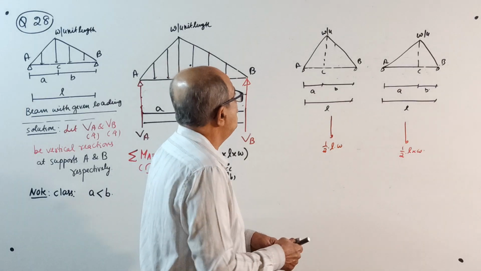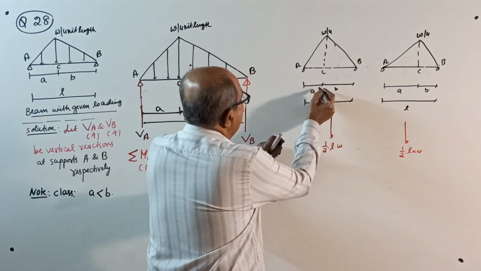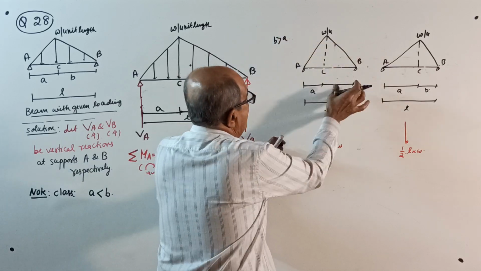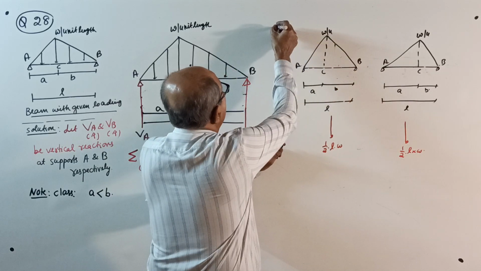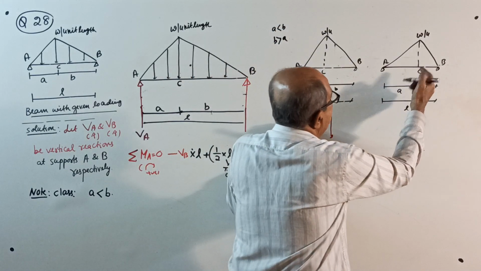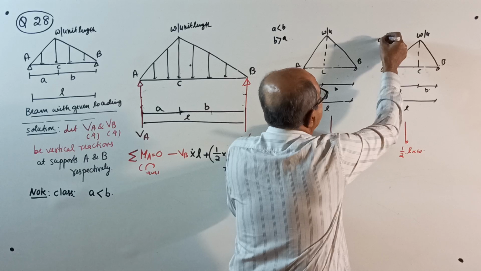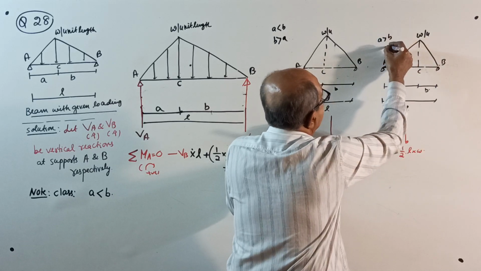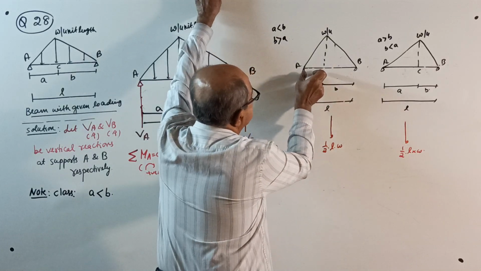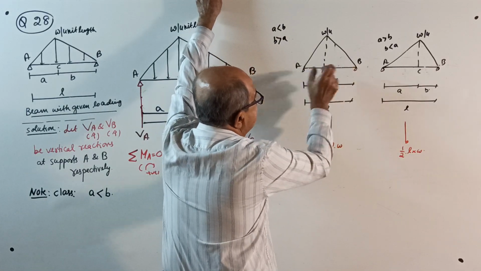See now. This is the case when your B is more than A. I have written bigger here, smaller here, or I can say A is less than B. Both are same. This is the case I wrote, your A is more than B or your B is less than A. See here, left side small distance, right side big distance.